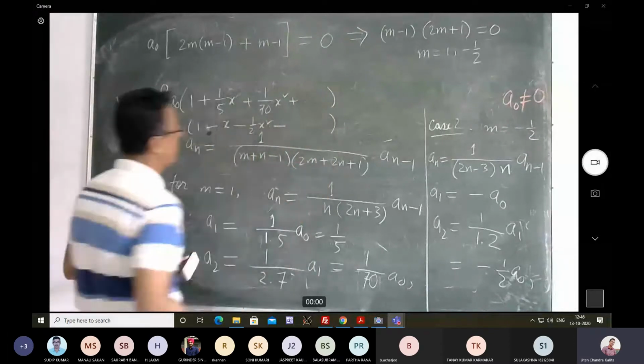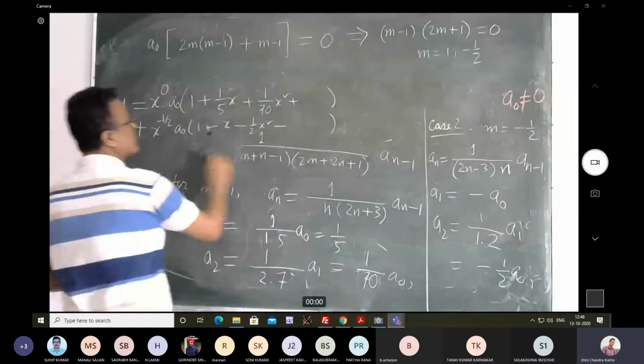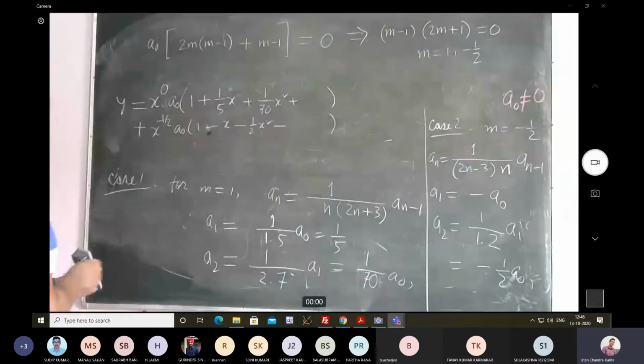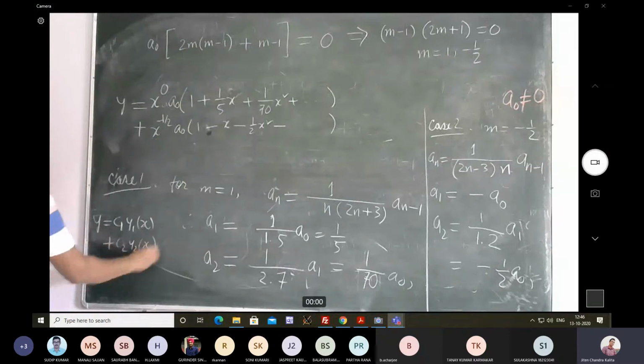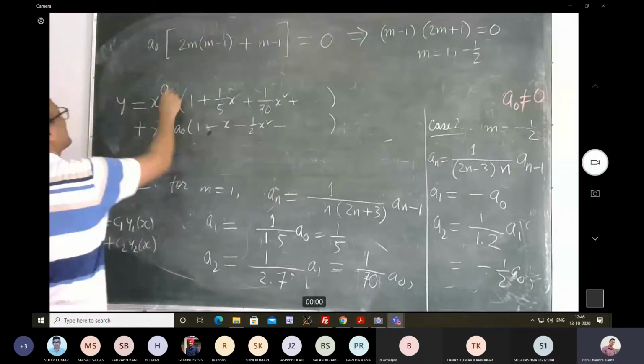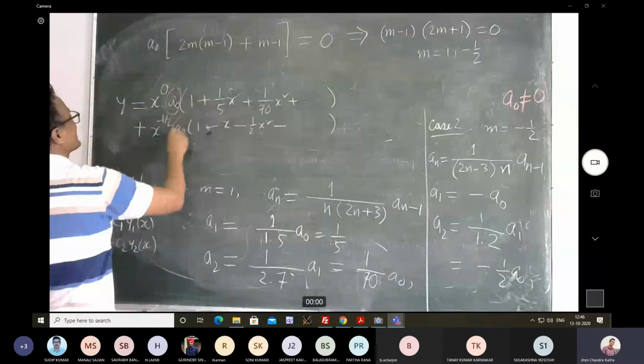Anyway, so now if you look at these two, generally, whenever we consider linearly independent solutions, we write y equal to c1 y1(x) plus c2 y2(x). But here you see that both the constants are the same.